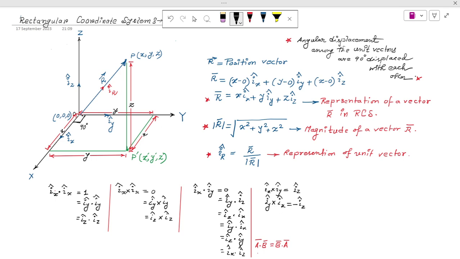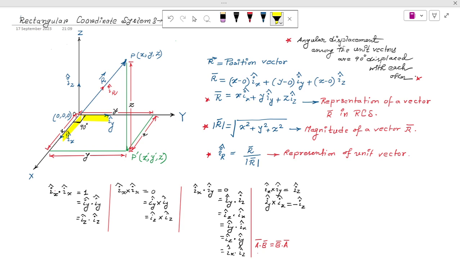Look here. Here is the Ix direction, here is the Iy direction. Now you want to multiply, that is the cross product.